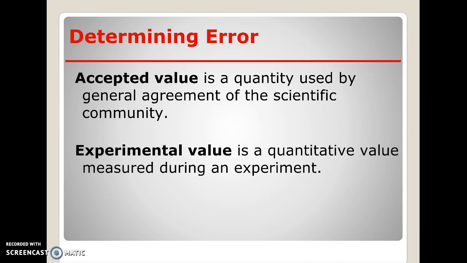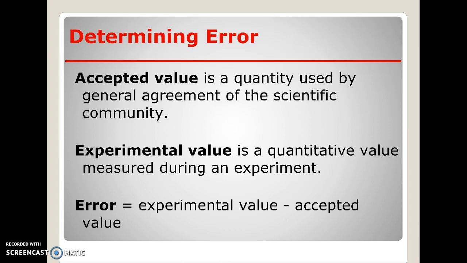And then you have your experimental value, which is a value that is measured during the experiment. So maybe we put a mass of sugar on a balance and it reaches 500 grams. That's our experimental mass. So the error would be experimental minus accepted. That's how you calculate the error.